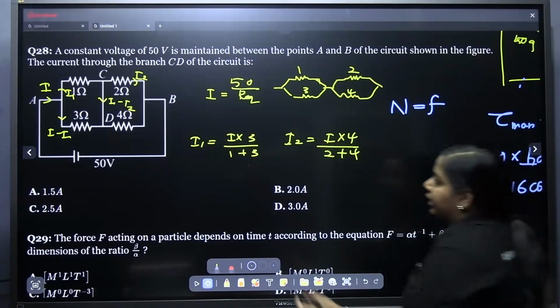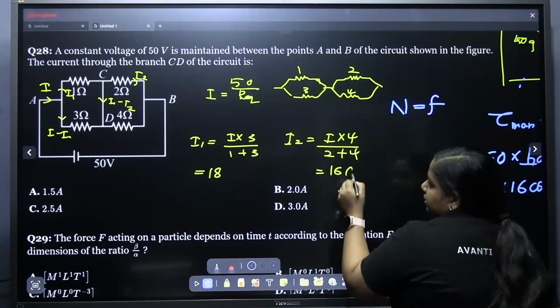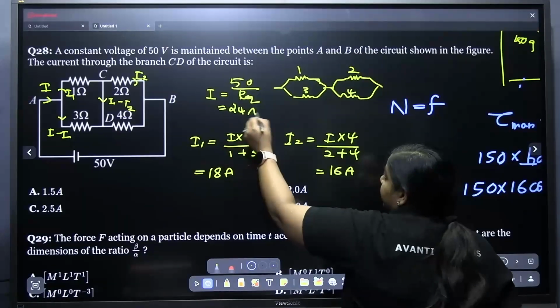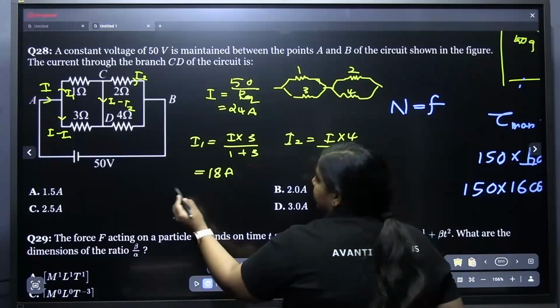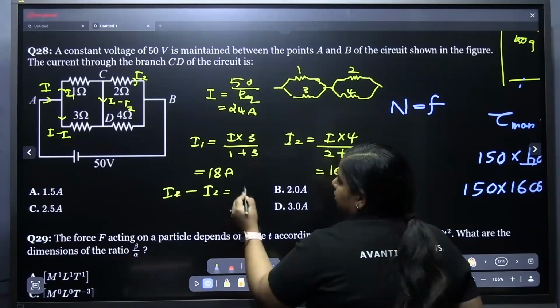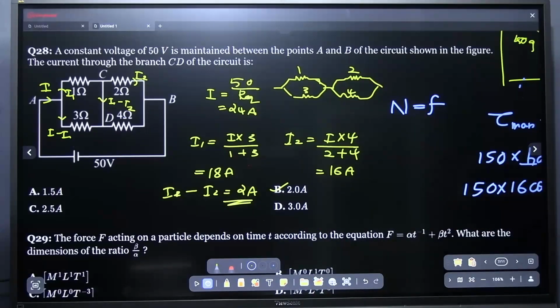You will get I1, I2. This is equal to 18, this is equal to 16 ampere, and I is equal to 24 ampere. So I1 minus I2 is the current we need. This is equal to 2 ampere. Answer option B. Okay.